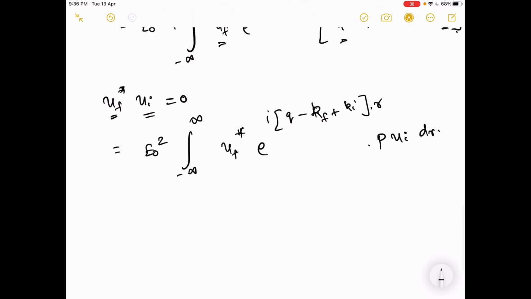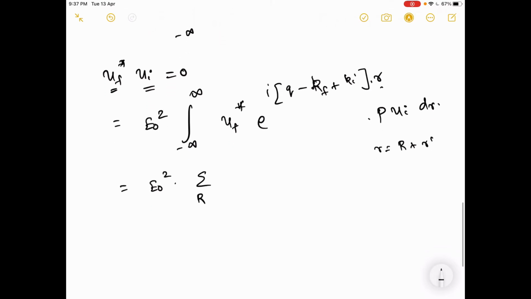And remember, this is summation over all space, so you can divide this into lattice spacing and the deviation from the lattice point, right? So basically this can be written as E naught square summation over all lattice spaces. So what I'm saying is this small r can be written as capital R, some lattice space, plus r prime, that is the deviation from the lattice point, right?